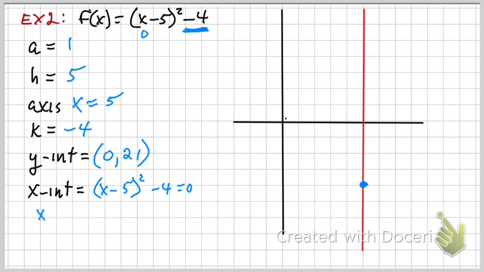When I square that by foiling, I get x squared minus 10x plus 25 minus 4 equals 0. So if I just work that out, that's what I would have, which gives me x squared minus 10x plus 21 equals 0.